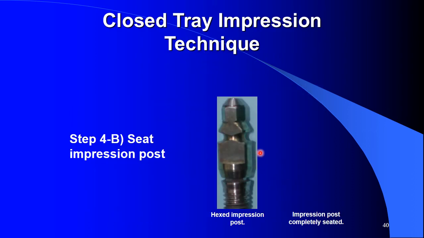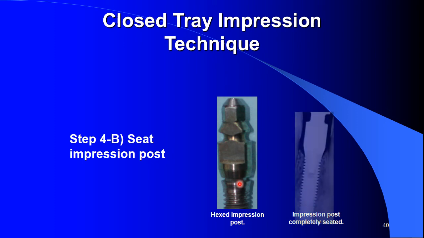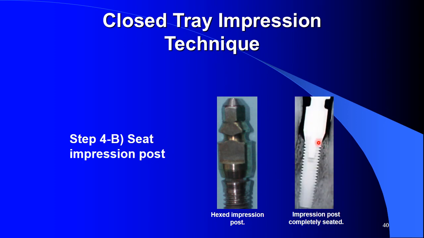So we can see that the impression post must be fixed. This hex area will have no interference and completely fit within the fixture, and we can see it in the X-ray, the impression post, and this is the screw that fits the impression post inside the implant.